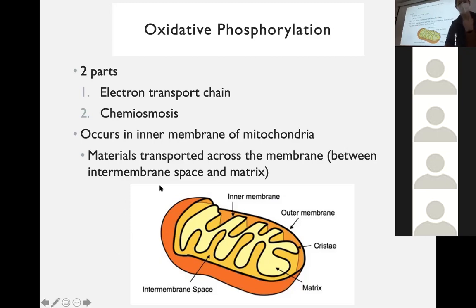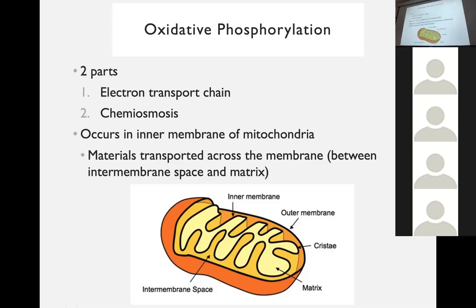As if we need to make it more confusing. It sounds very similar, but intermembrane means in between two membranes. So we're moving stuff across this inner membrane, back and forth.